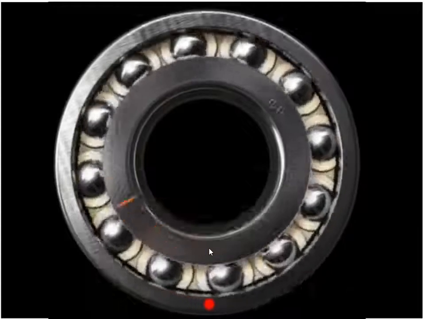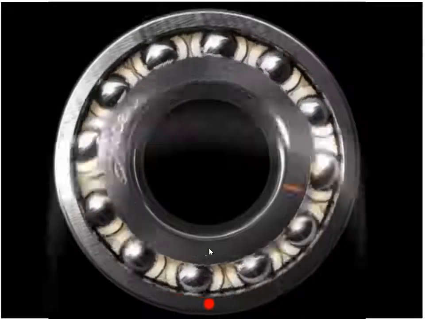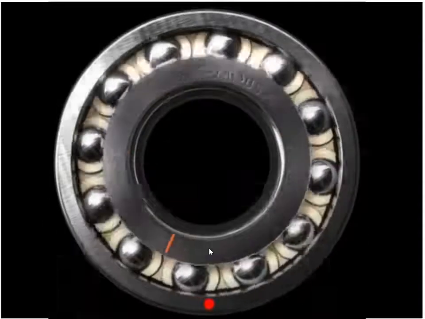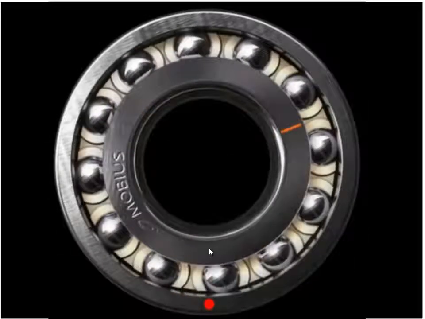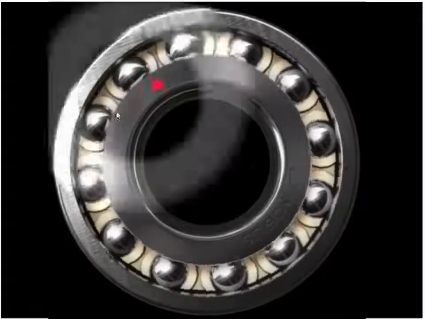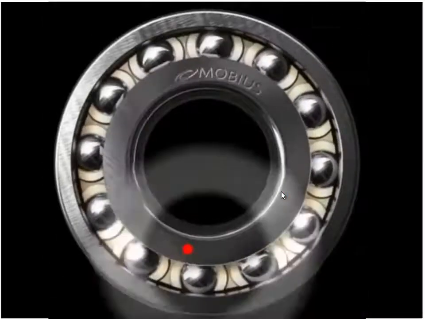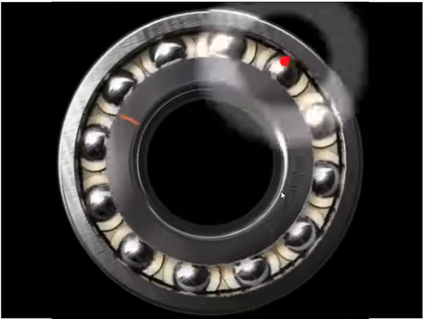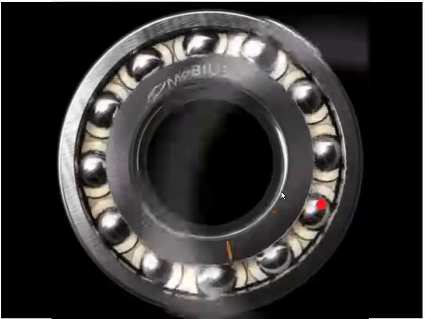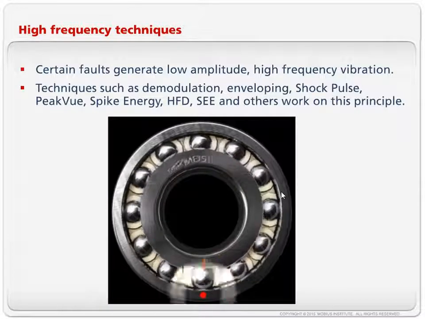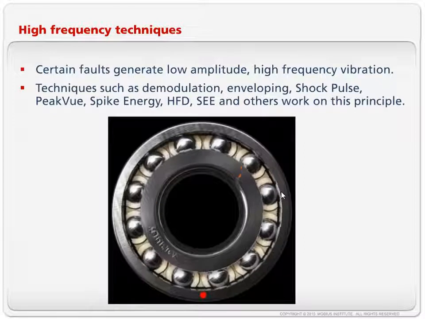The amplitude is so low, the frequency is so high that we don't see it in our normal measurements. So we need to use a technique that looks for problems like this. So there's a problem on the outer race, problem on the inner race. Notice it's a higher frequency, but we still see those little white pulses, and if there's damage to the rolling elements themselves. So this technique goes by many different names depending on the vendor.